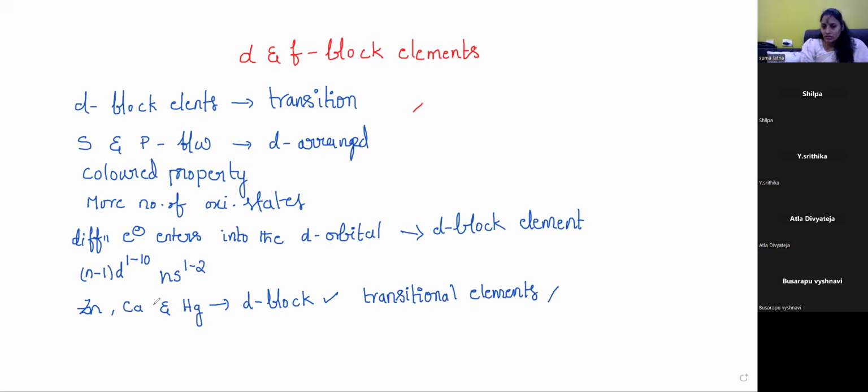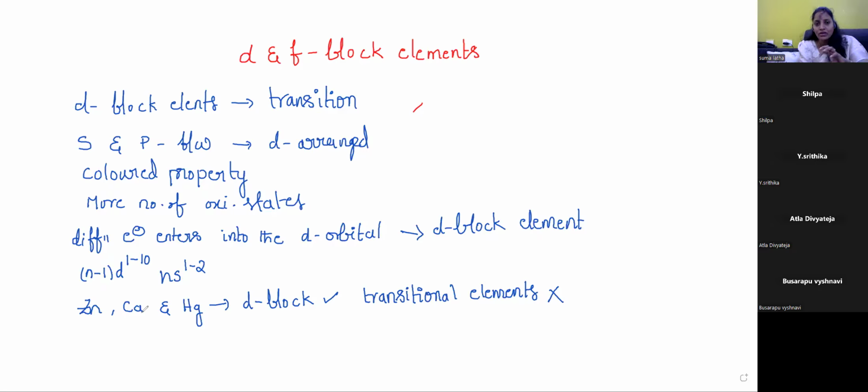What is the reason? Does anyone of you know about this? The transition name is because of their colored nature. If an element present in D block has an incompletely filled D orbital, then we can say it is a transition element. Because of the incompletely filled D orbital, the electrons are transmitted from one level to another level.